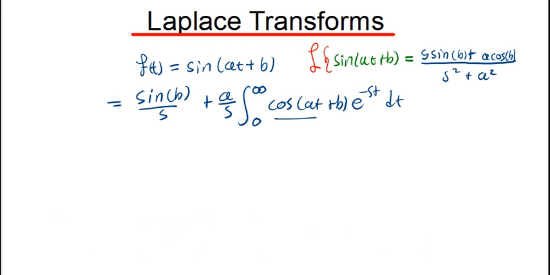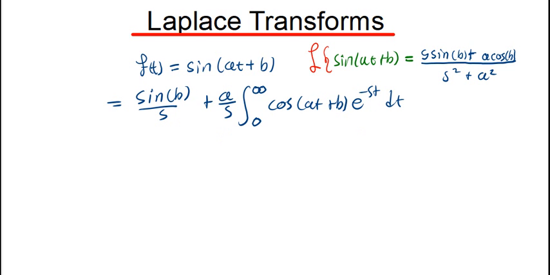Those trig identities are only going to work for the other method, which I'm going to show you as well. Now I can use integration by parts for this part. I can leave this one the way it is. We are done for that one.